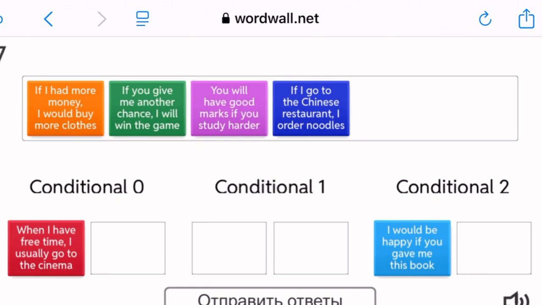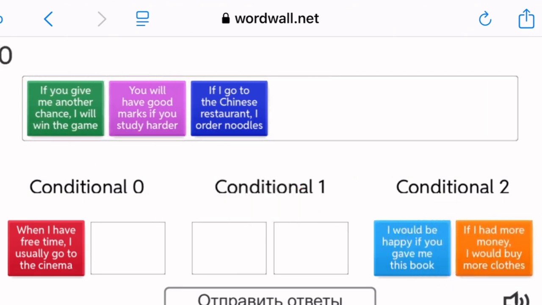Okay. The first part is in past simple, and in the result we have would and a bare infinitive, and this is the second conditional.